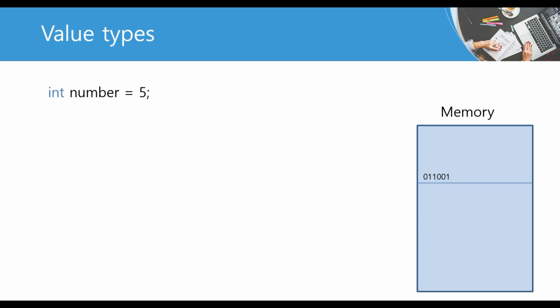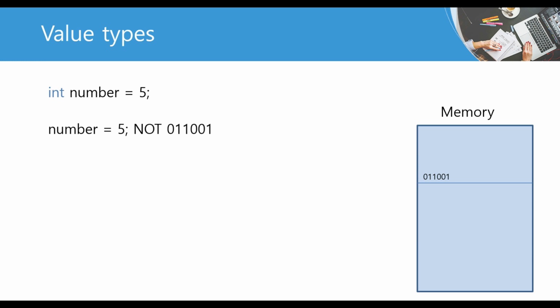Remember that the variable of a reference type contained as value the memory address of the place where the object resides. However, if we think about integers, which are value types, this doesn't happen. The 5 is not sent to that memory location. Instead, the variable number equals 5, not 011001.